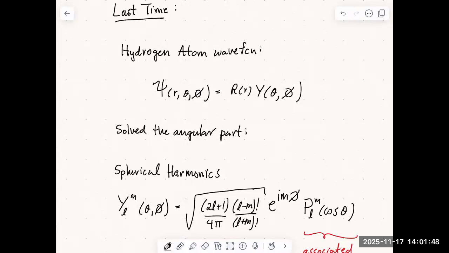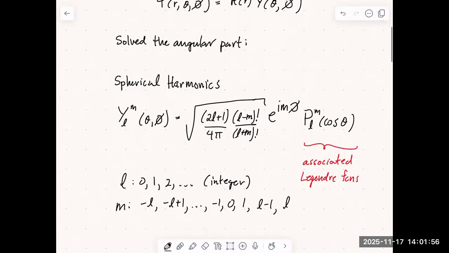In our case, that central potential is the Coulomb potential. So it's just a 1 over R potential. Okay, and so I've written down the solution for the angular part that doesn't depend on R, and it was these so-called spherical harmonics.